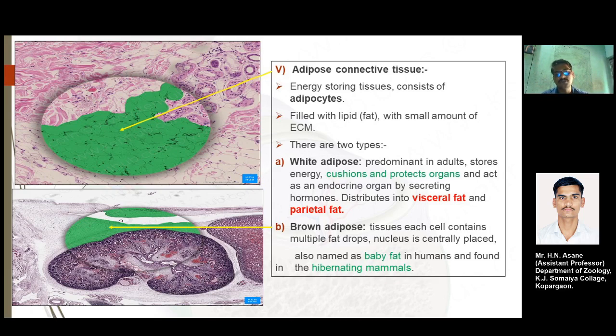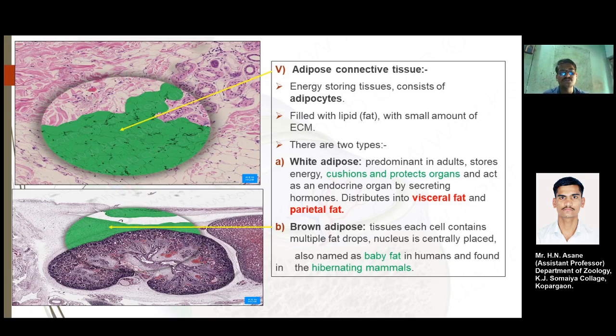In this tissue, the intercellular material is pretty much concentrated, and the vesicles are enlarged in this type of adipocyte, so that they can store more and more lipid or fat in them.